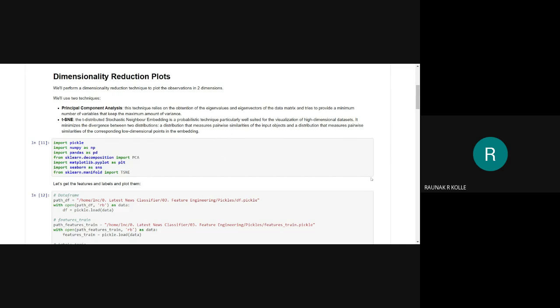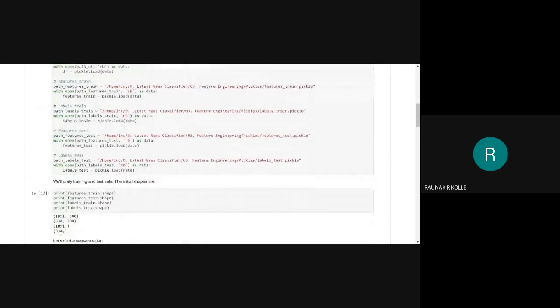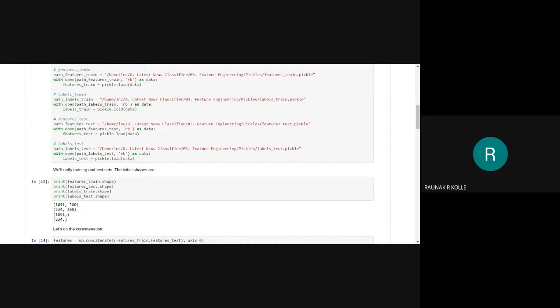To perform this, we will import the required libraries and packages, and then we will get features and labels and plot them. After obtaining the labels and features, we will unify the training and the test sets.